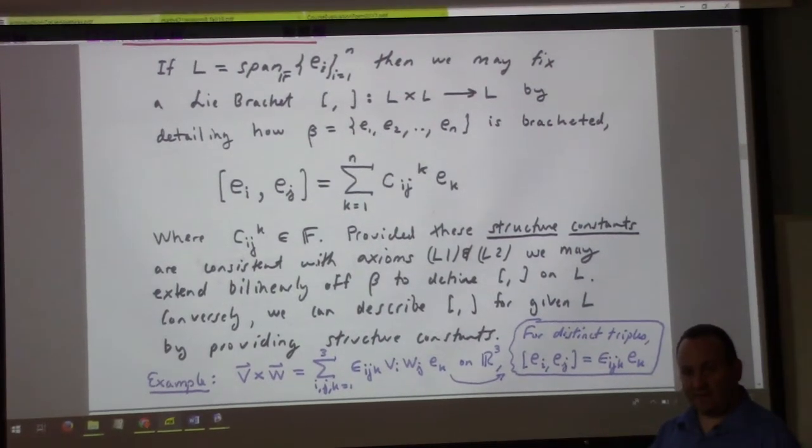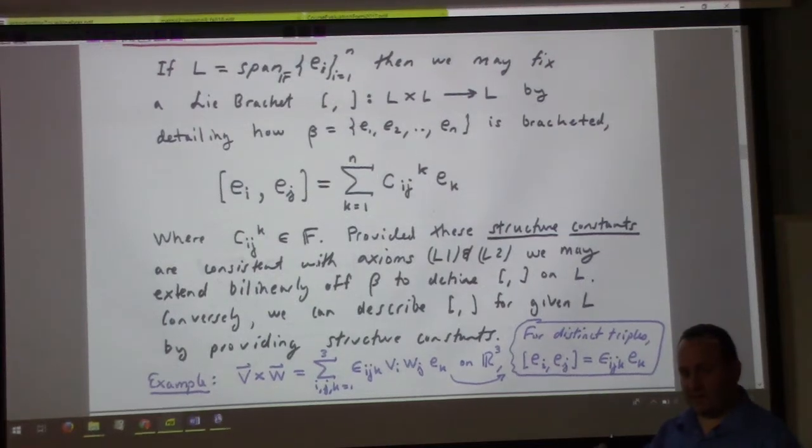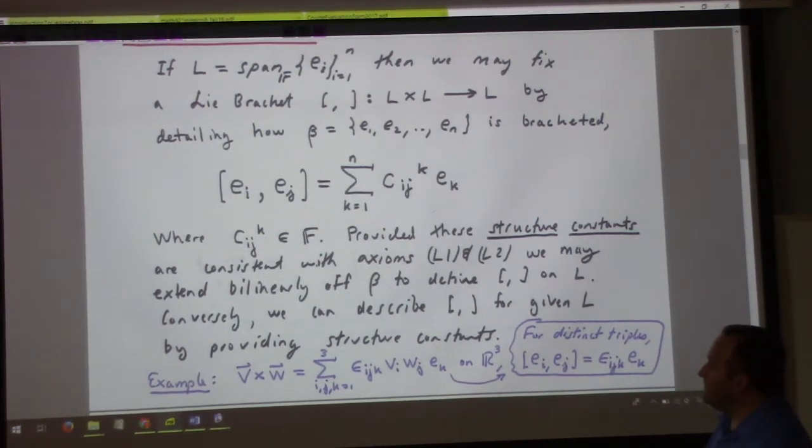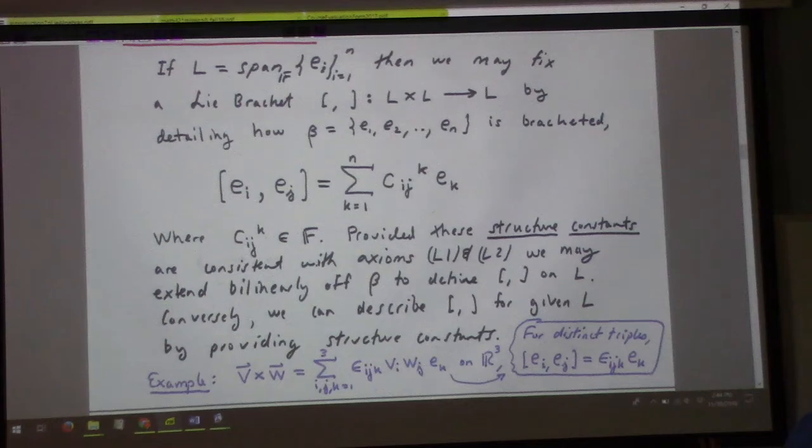You could give me a set of constants which somehow encode a departure from the Jacobi identity, and if you did that, I'd be out of luck, right? So they have to be consistent with the axioms, but if they are, then you can extend bilinearly and get a whole Lie algebra. If you study the study of Lie algebras, especially as it gets older, it's much more about the structure constants. Nowadays, it's more about linear transformations and studying properties of abstract maps. But it used to be about studying structure constants.